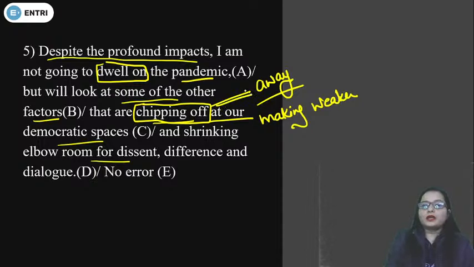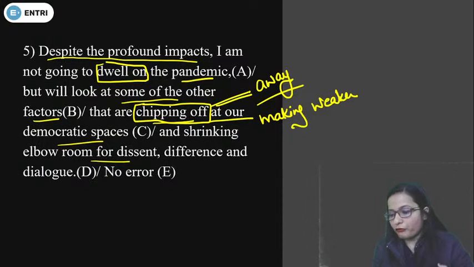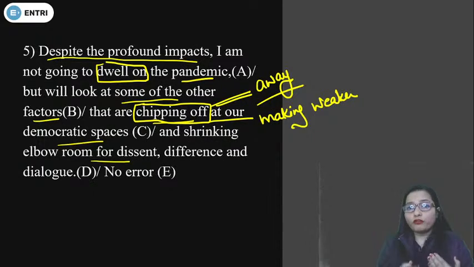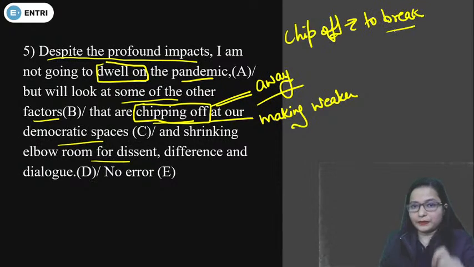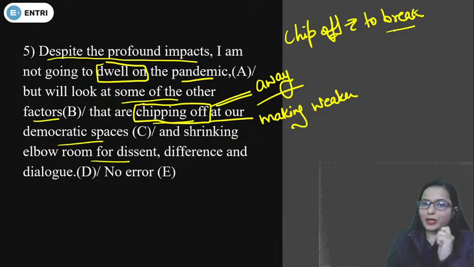So it should be chipping away, not chipping off. Chip off means to break something into pieces, so it does not go with the context here, right? It should be chipping away.